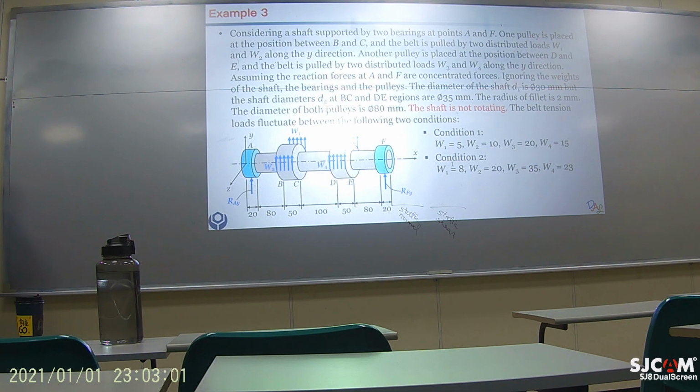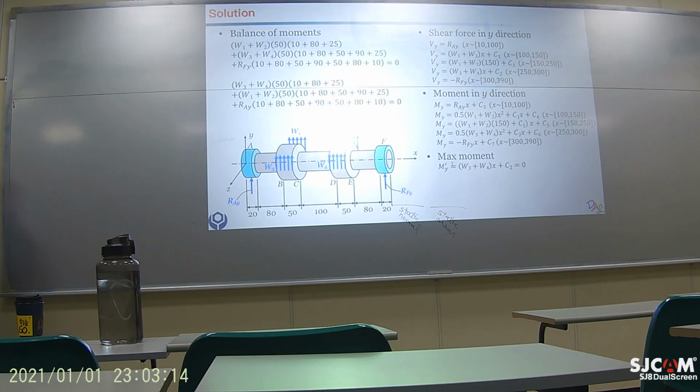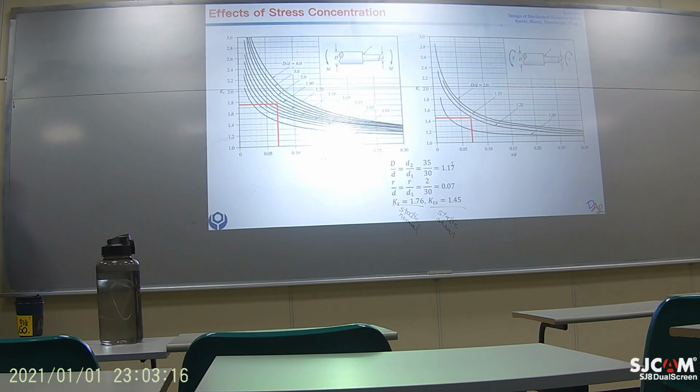This problem mentioned the shaft is not rotating, however, the belt tension fluctuates. So still, it's a dynamic problem. Since it's a dynamic problem, we also need to figure out the stress concentration factor in the fluctuation part.